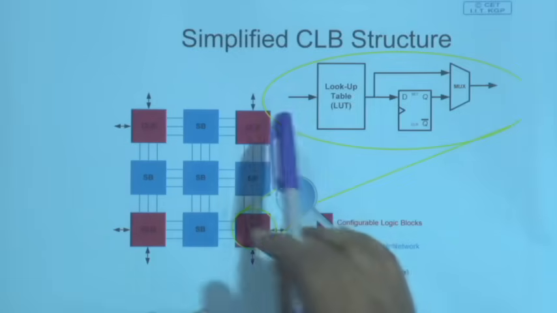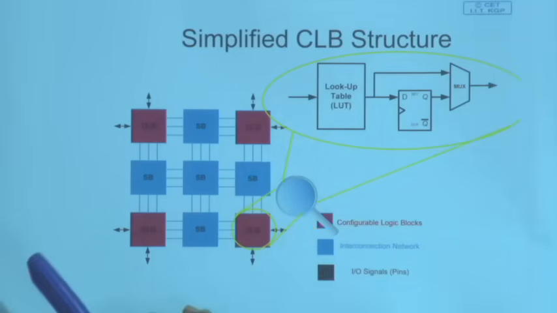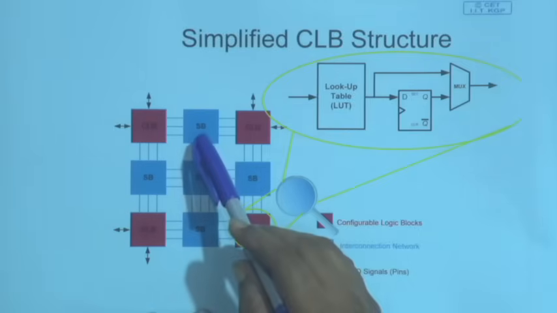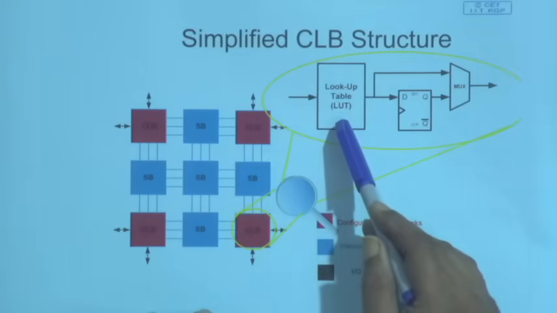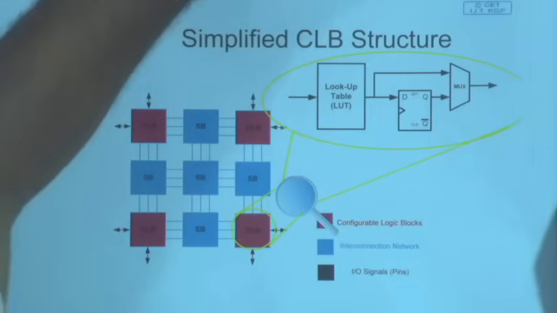Let me hold it for a while, so that those of you who want to draw it can draw this. This is a lookup table, and we have seen what a lookup table is. A lookup table can contain the ones and zeros as we are showing there.